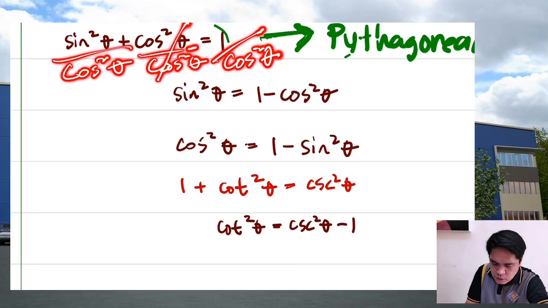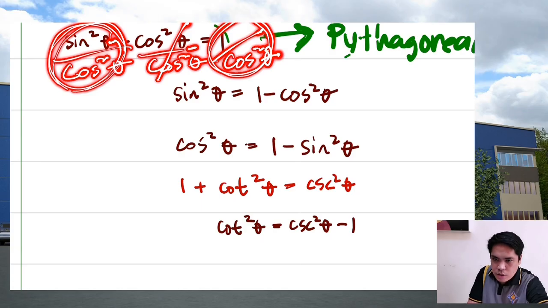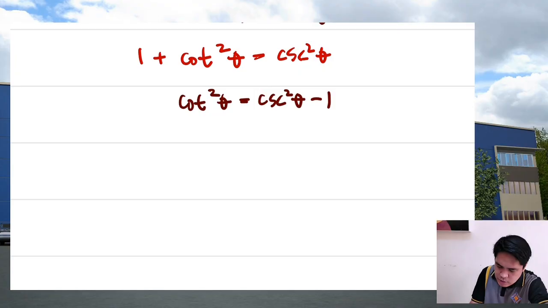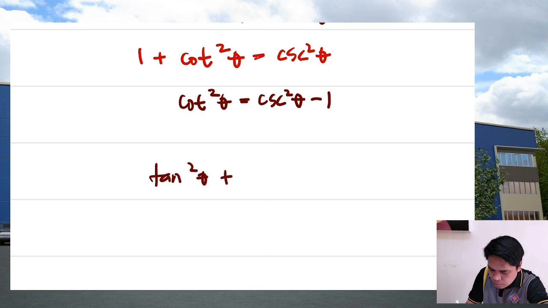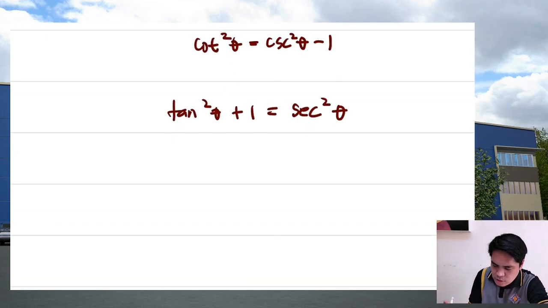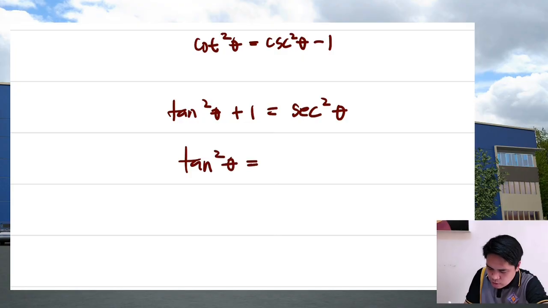So, ito magiging 1. Ito magiging tangent squared. Ito magiging reciprocal ng cosine is secant. So, therefore, we say that tangent squared theta plus 1 is equal to secant squared theta. That's another identity that you need to memorize. So it also follows that tangent squared theta is secant squared theta minus 1.